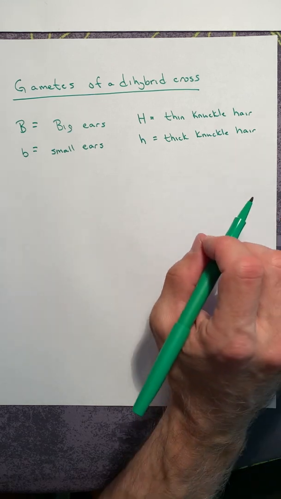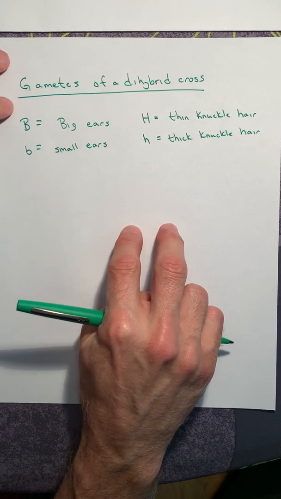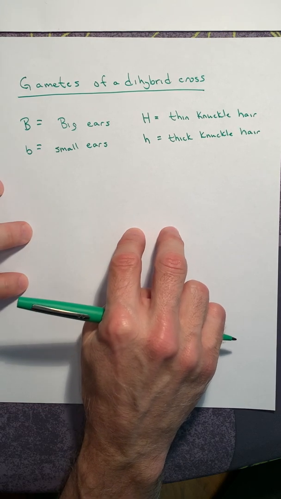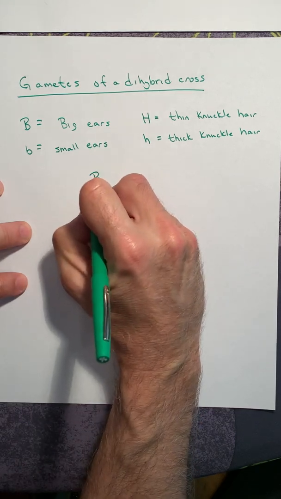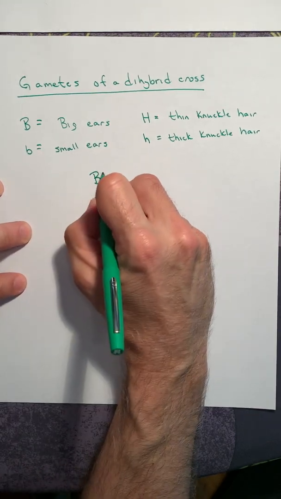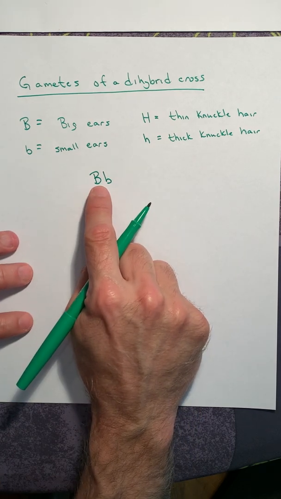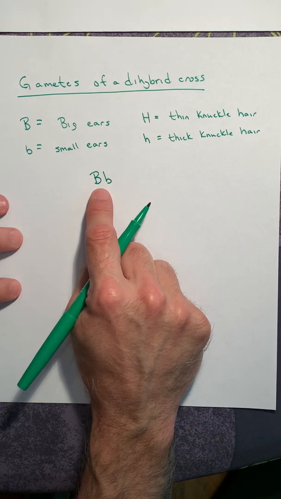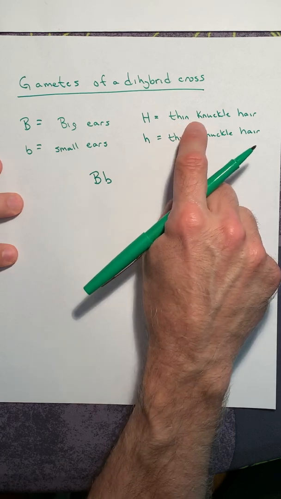Fine. Well, you know that we carry 2 alleles for every characteristic. So let's say that I have big ears. Okay, so I would carry a big B. Now, just to make me interesting, let's give me a small b. Let's make me a heterozygote. So I am heterozygous for ear size. I carry a big B and a small b. And let's say that I have, let's say, thin knuckle hair.